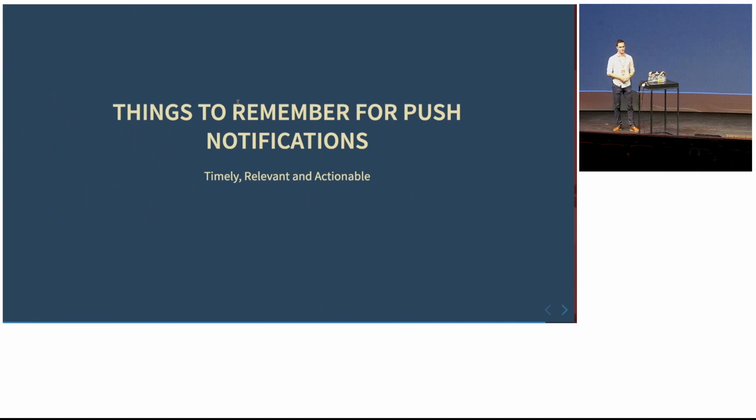If your user doesn't have anything to do with this, for example, if they're not even remotely close to an event that's happening, it might not be relevant for them to actually show the notification. Lastly, push notifications need to be actionable. This means that you actually have to be able to do something with it. Just notifying someone with a push notification is very intrusive, so make sure that they can either follow up with something or don't show the notification at all. Again, be a responsible developer.